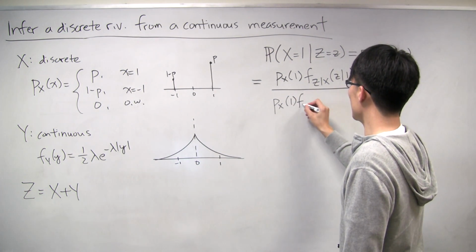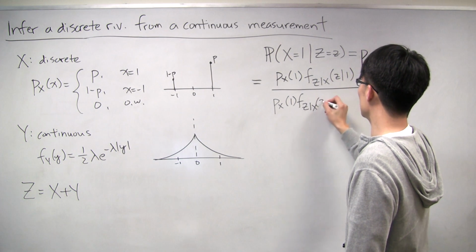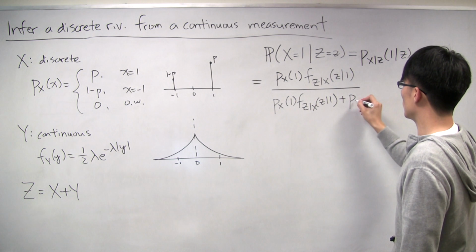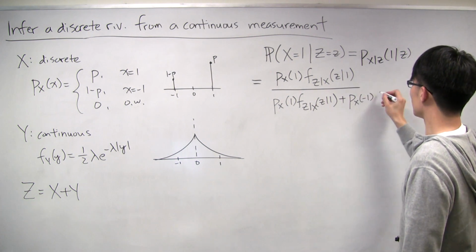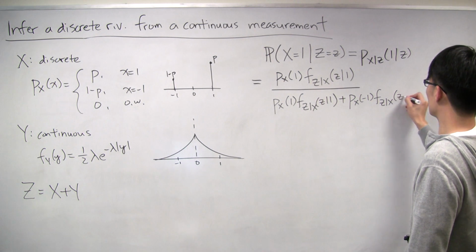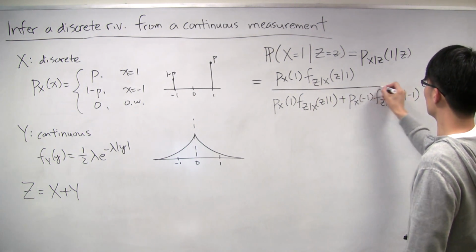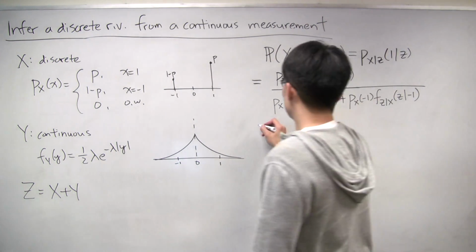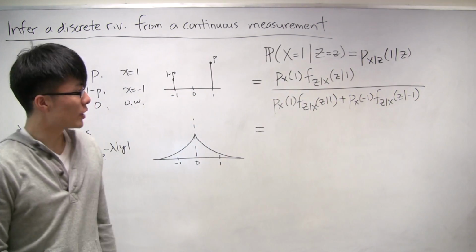And the probability of that is exactly the same thing as the numerator. And the other way is if x is equal to -1. And that gives us this second term. All right. And now, let's just fill in what all these different terms are.